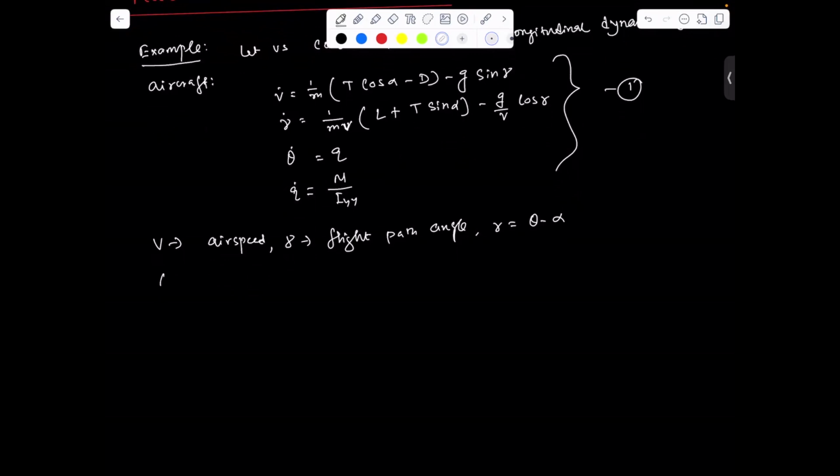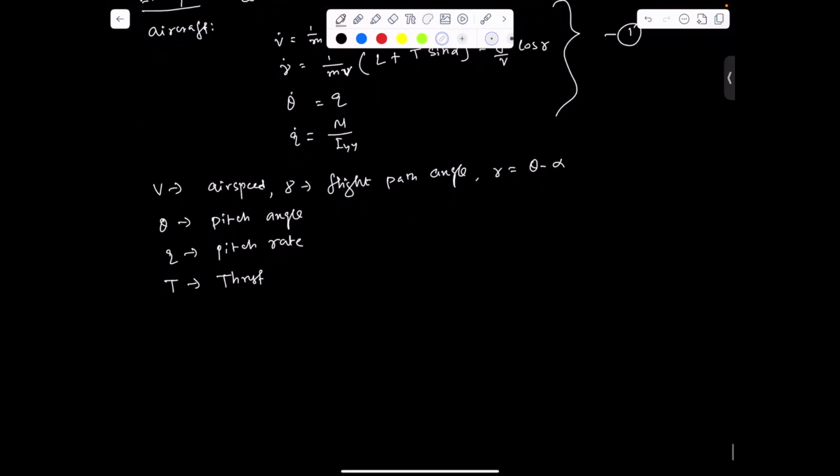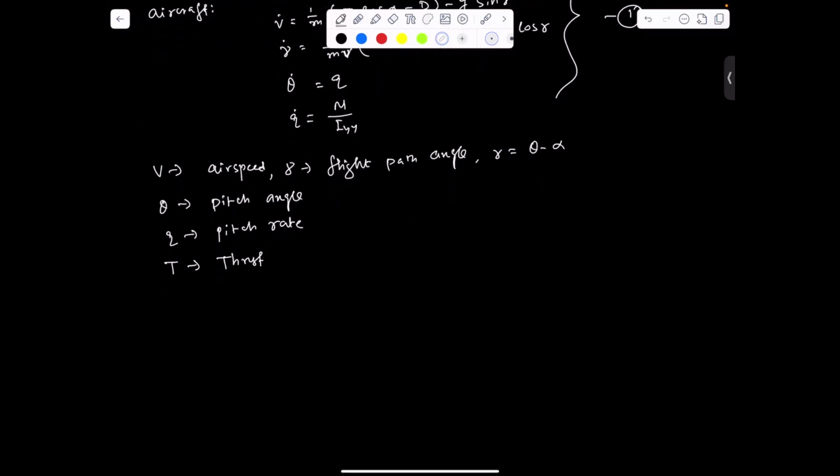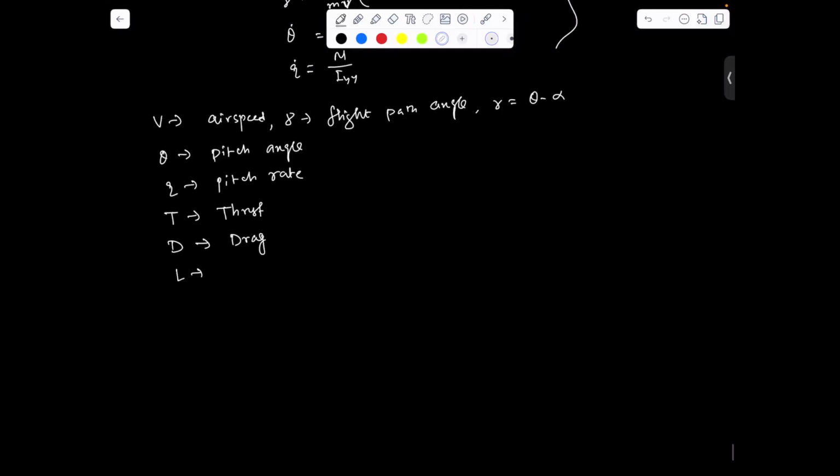So here theta is the pitch angle, and q is pitch rate, and T is thrust, applied to control the longitudinal motion of the system, and D is drag and L is lift.